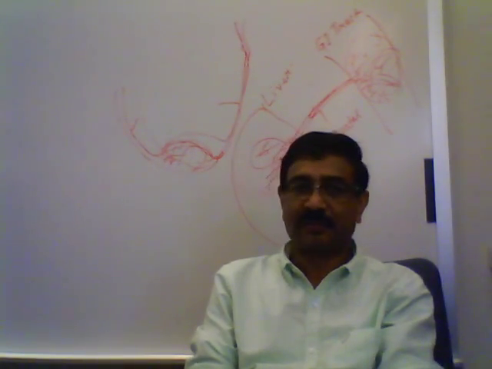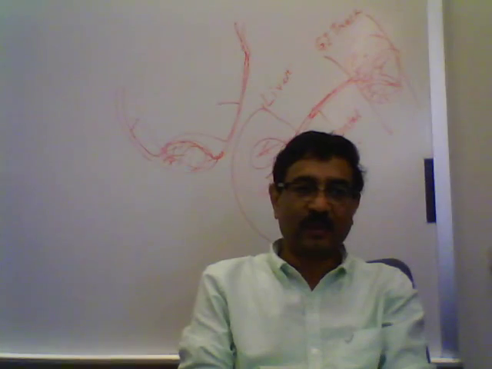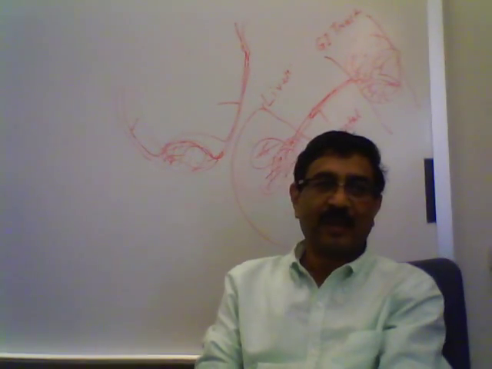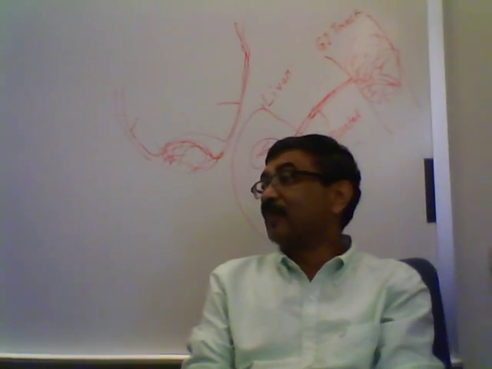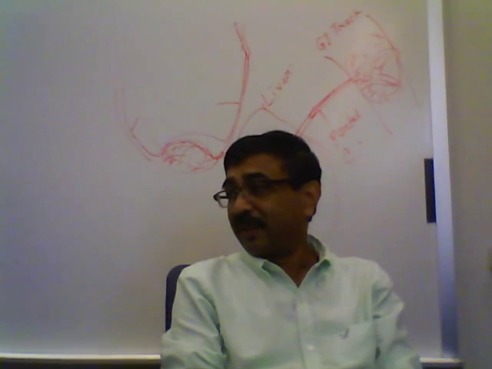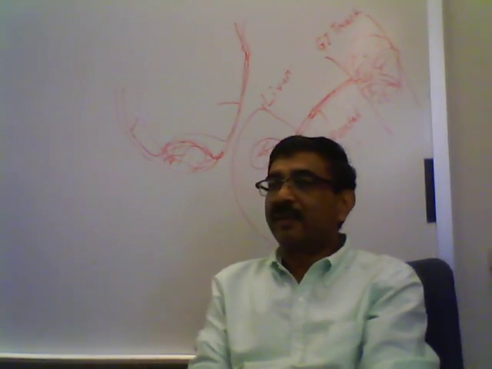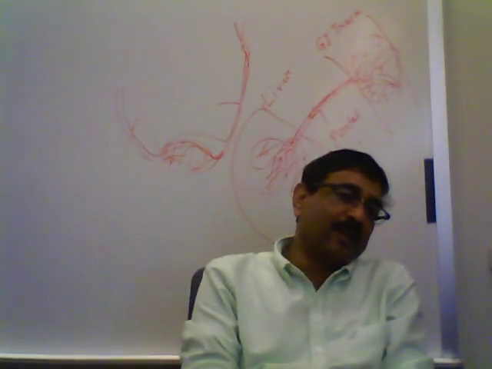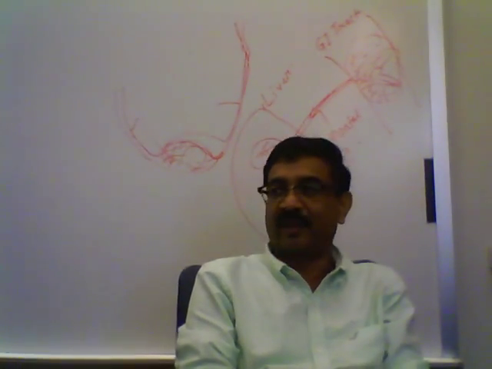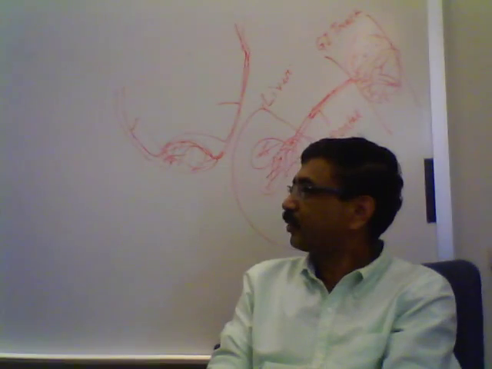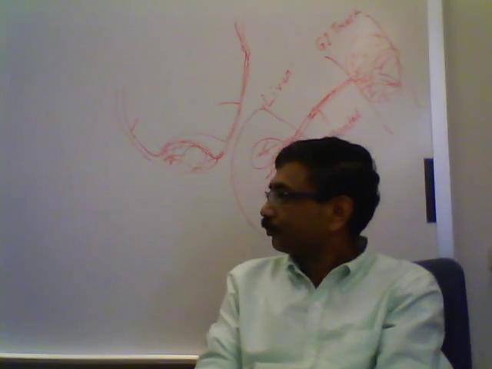That helps a lot. If it is thick, those chemicals will not be able to pass. So the wall of the capillary is formed by a single layer of squamous, flat cells. That means simple squamous. Okay.